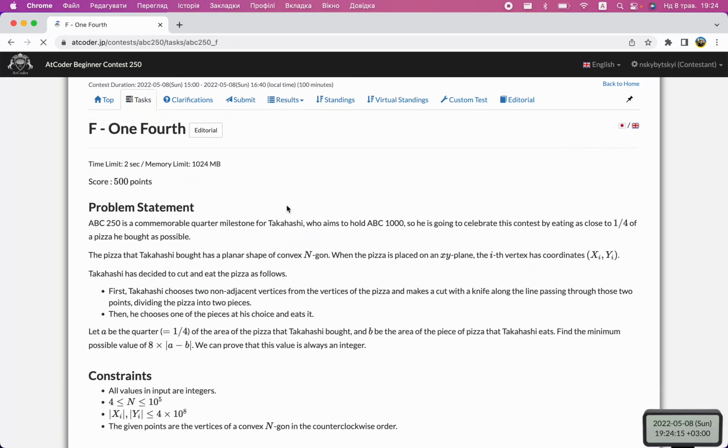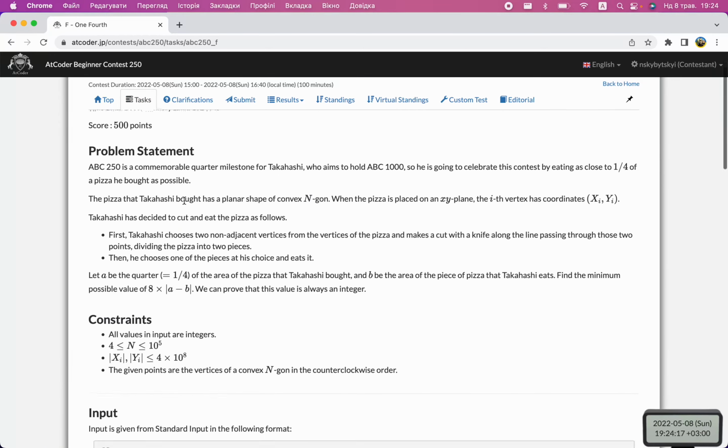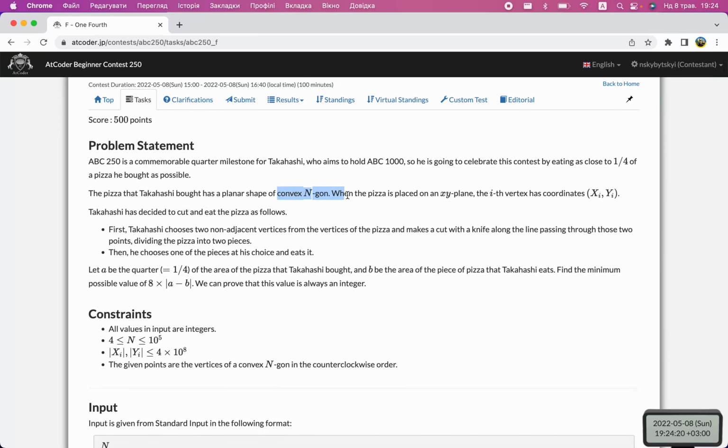Next problem F, 1/4. We have a convex n-gon. We want to draw one diagonal of this n-gon in such a way that it cuts roughly a quarter of the n-gon off. So our division should be as close to 1/4 and 3/4 as possible.